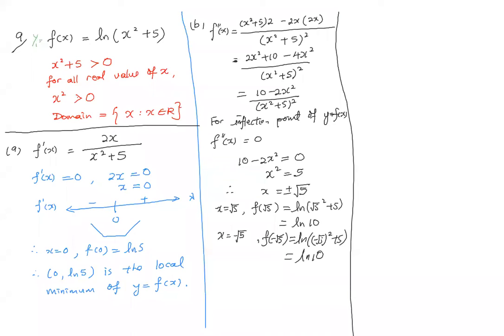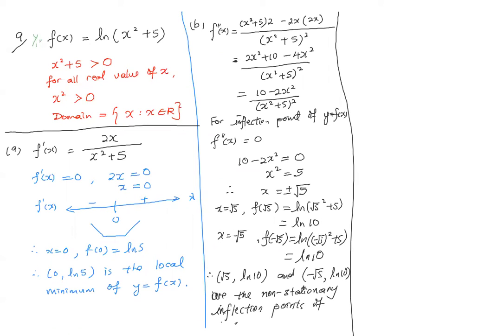So therefore, I say, (root 5, ln 10) and (negative root 5, ln 10) are the non-stationary inflection points of y equal to f(x). Okay, I'm done with part B.